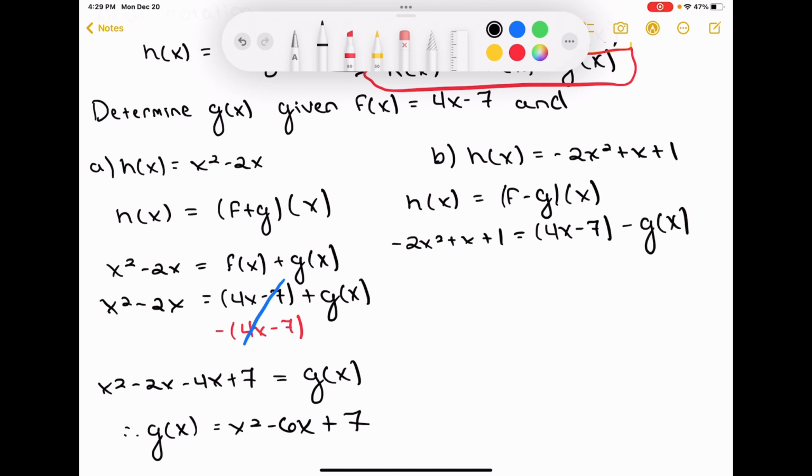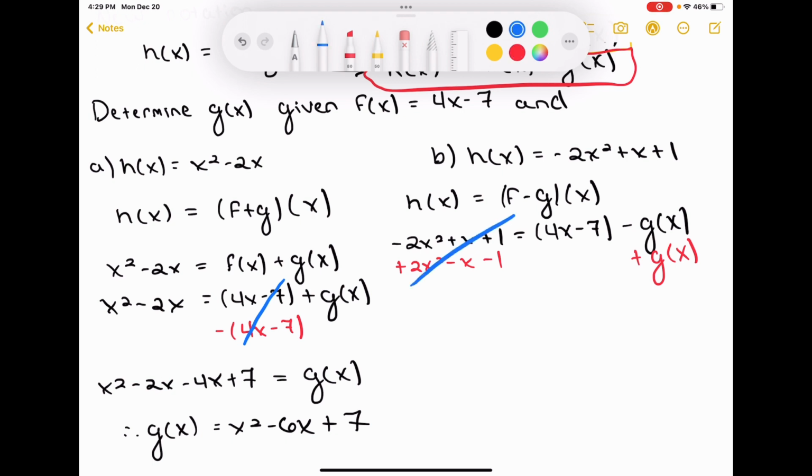Now in this case, what I want to do to make g of x positive is add it to the other side here. So I'm going to say plus g of x, and I'm going to add or subtract, depending on their sign, all the rest of these terms over. So I'm going to say plus 2x squared minus x minus 1, and that's just undoing the operations on the left here.